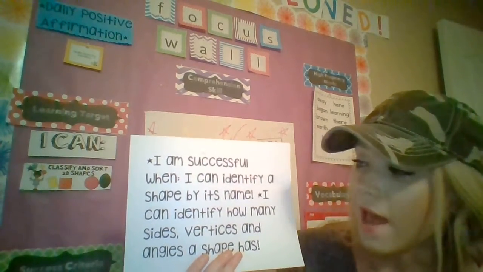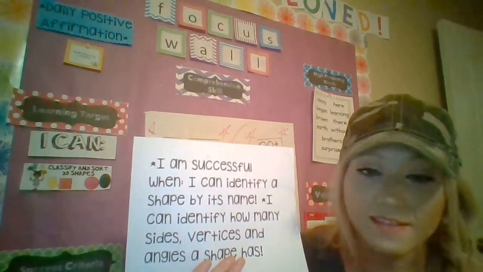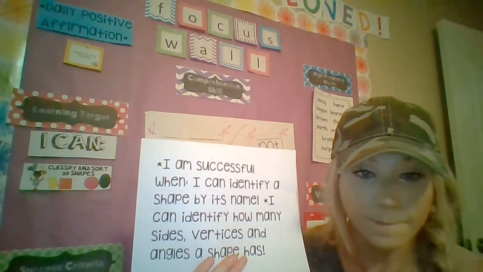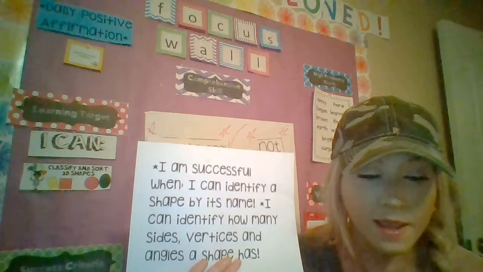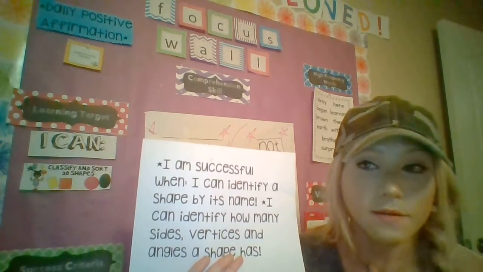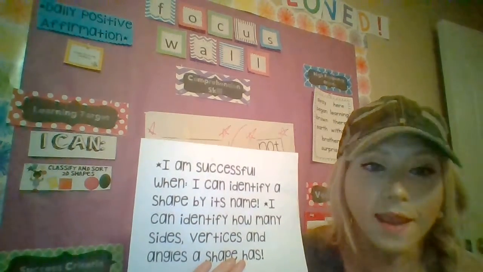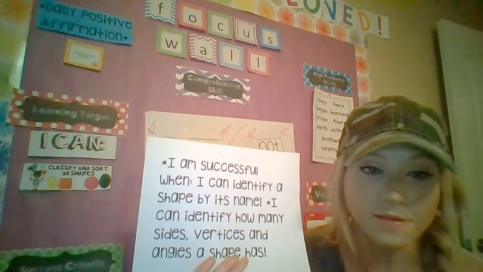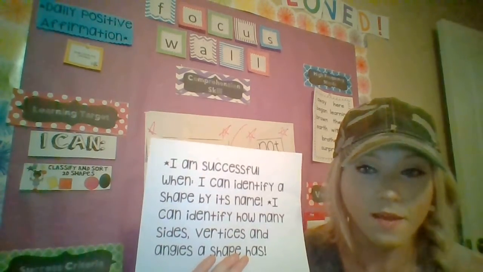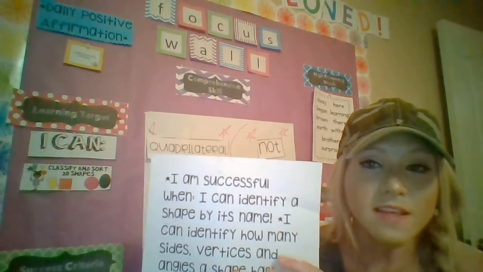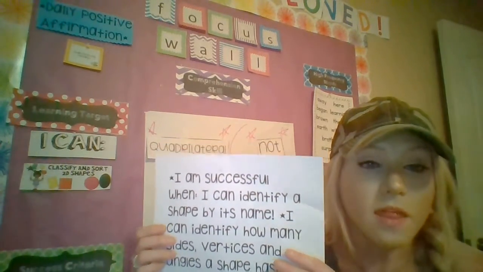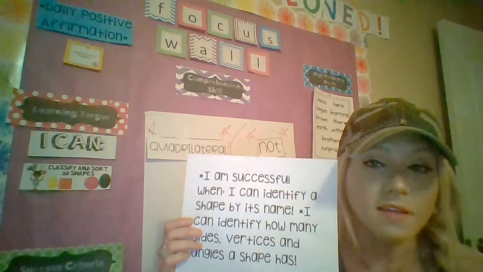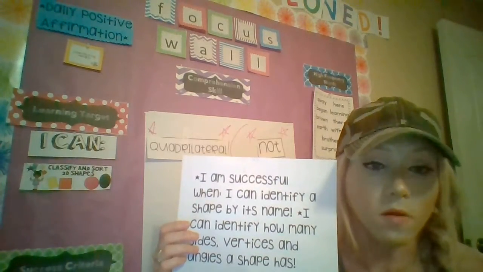I can identify how many sides, vertices, and angles a shape has. Very good. The reason this is the same success criteria is because you need to know all of these things to be able to do what our goal is.